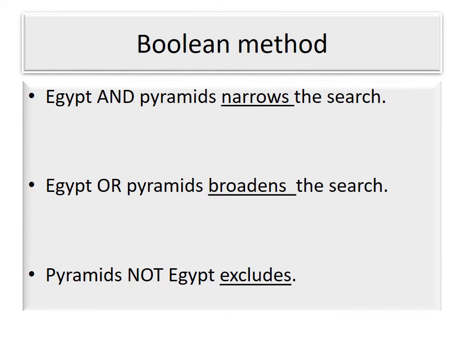Egypt AND pyramids narrows the search, because now it's just going to look for pyramids in Egypt, nowhere else. Egypt OR pyramids broadens the search, because now you are going to look for everything on Egypt and everything on pyramids. NOT excludes. So now you are going to look for pyramids everywhere else, but not in Egypt.